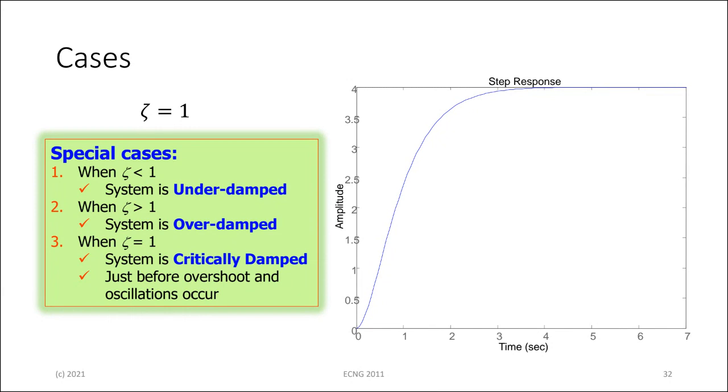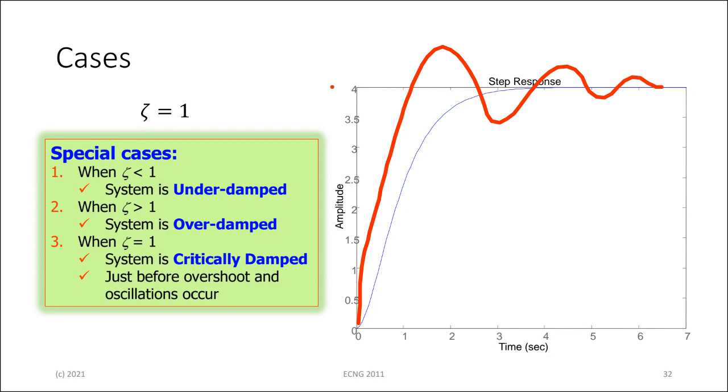Underdamped means that it potentially can give you, and of course this thing mustn't go negative at all, when it's underdamped is when you get the oscillations and the overshoot. Remember the terms that we use, overshoot and oscillations, right? So when zeta, the damping factor, is less than 1, the system is underdamped.